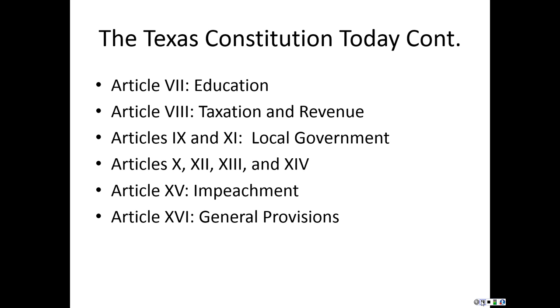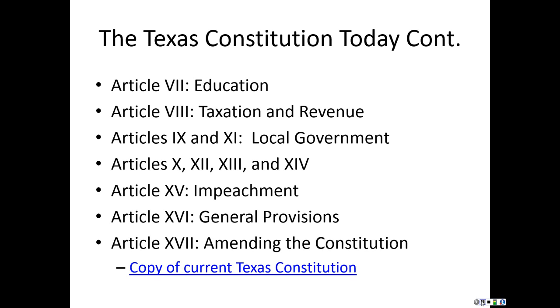Article 16 is a general provisions article. This is just a catch-all article. It grapples with several issues ranging from oaths, community property, and stock laws, to banking corporations and more. This is just where we find everything else.